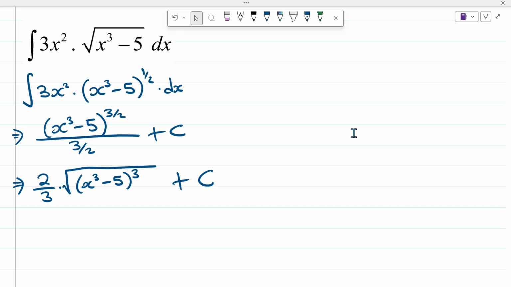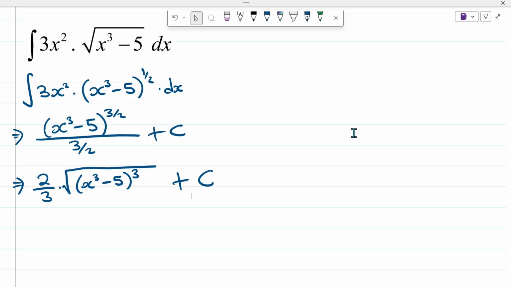So you can always use u substitution in most cases if you don't know the general power rule. The general power rule is more like a shortcut. U substitution is sometimes a long way.